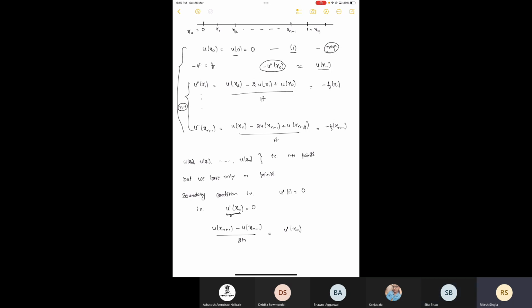Yes, sir. But again, we have only till xn. If you see, we have x naught up to xn. Our xn was 1. That was our domain. It was a restriction of our domain that we have to be in between 0 and 1, right?